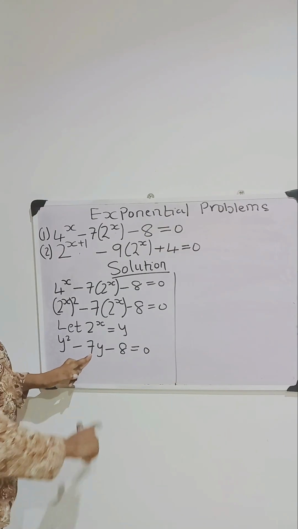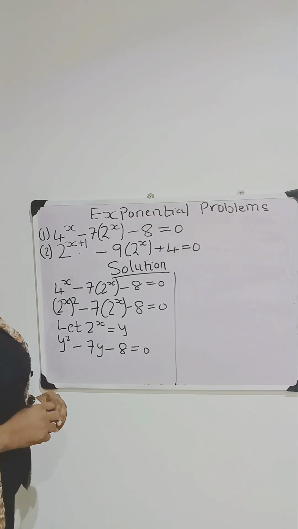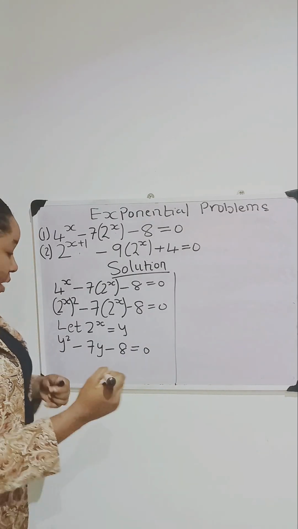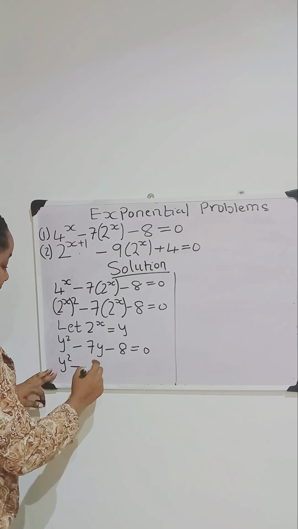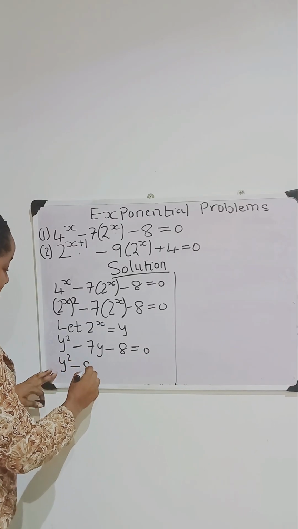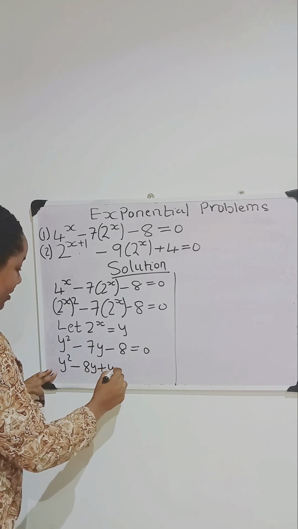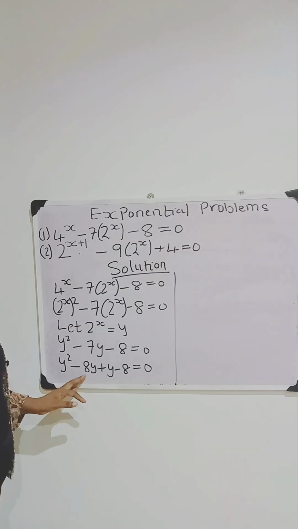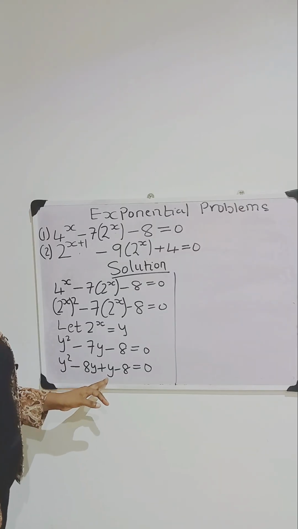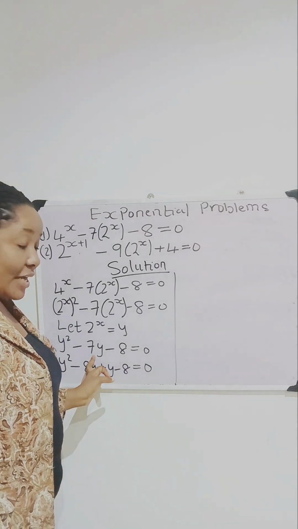So in place of minus 7y, we'll simply write minus 8y plus y. So this is what I mean. y square here remains. So in place of this, we'll say minus 8y plus y minus 8 is equal to 0, because at the end of the day, minus 8y plus y is still minus 7y.